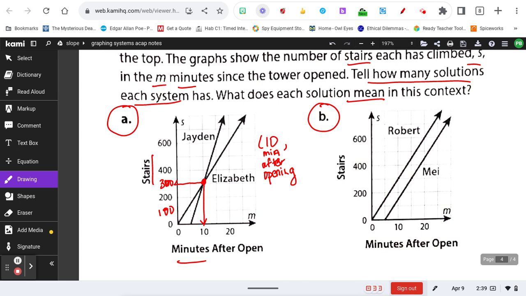Ten minutes after opening, they are both at the 300th stair. Wow, I wouldn't make it. All right, so that's what that means. Ten minutes after opening, they're both at the 300th stair.